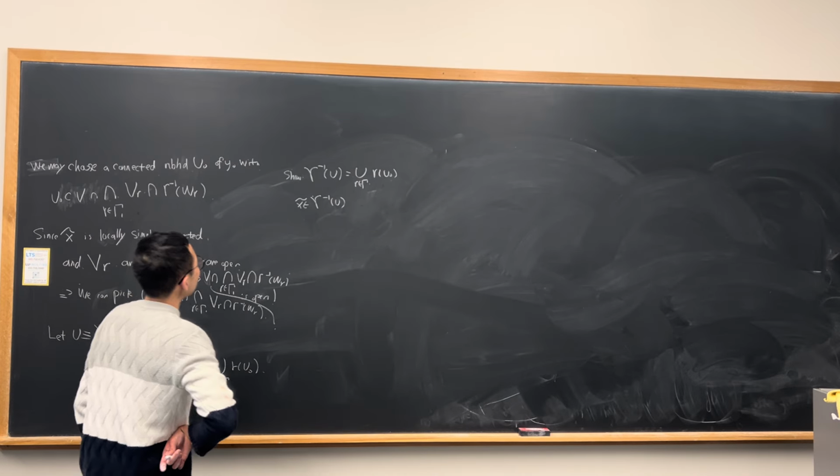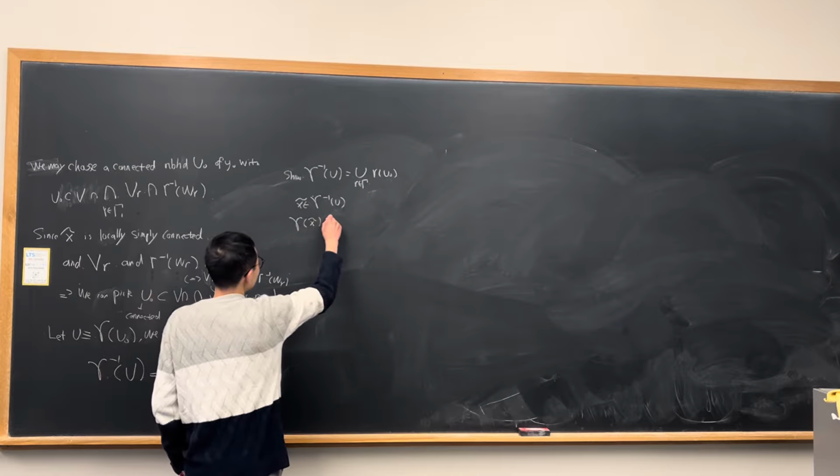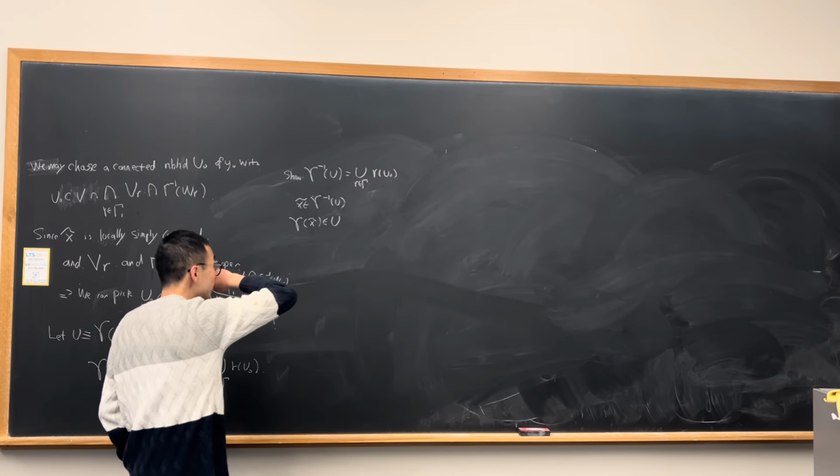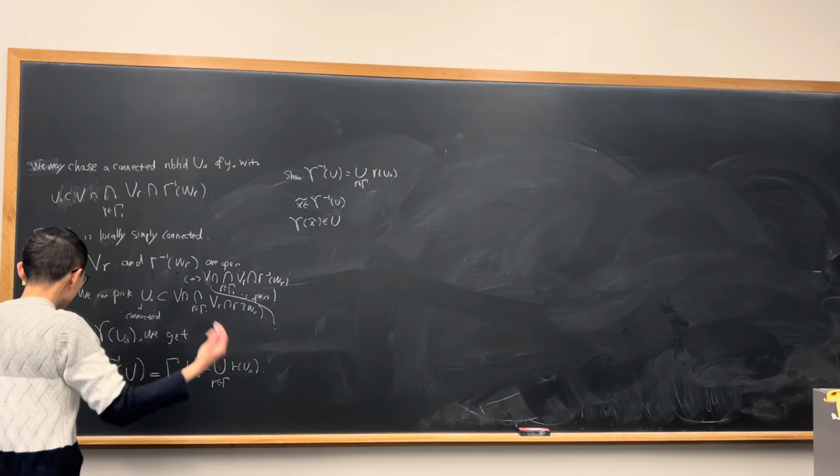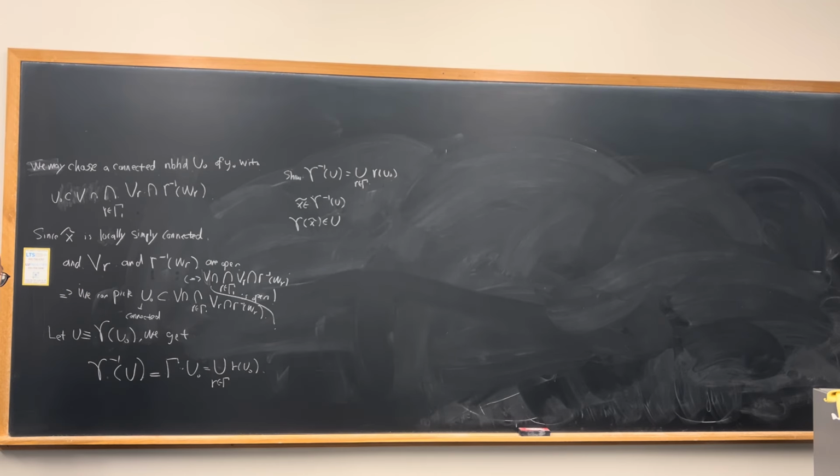So if U is equal to this gamma of U naught, right? So this U naught is connected.